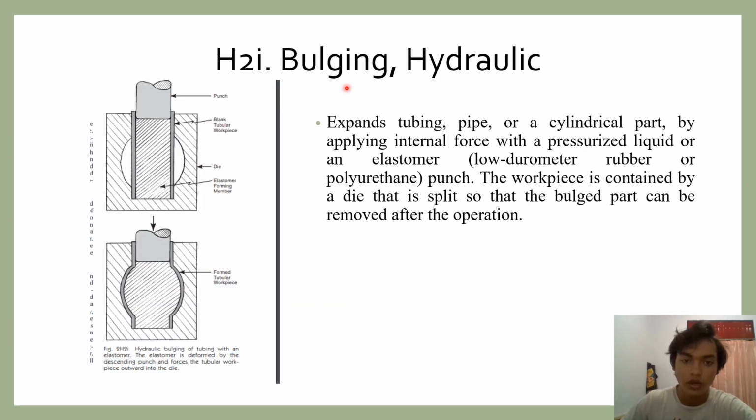The next, H2I, bulging hydraulic, expands tubing, pipe or other hollow parts by applying internal force with a pressurized liquid or an elastomer such as low durometer rubber or polyurethane. The workpiece is contained by a die that is split so that the bulged part can be removed after the operation.